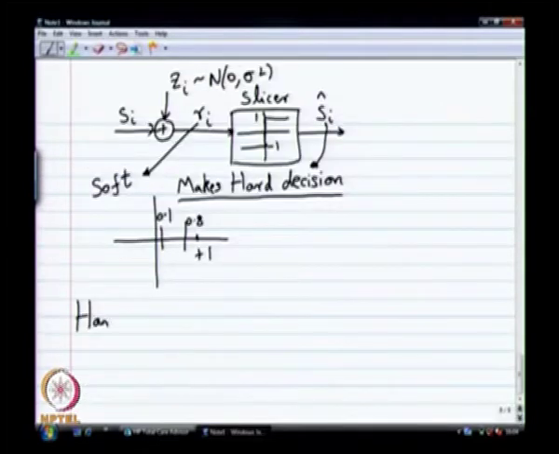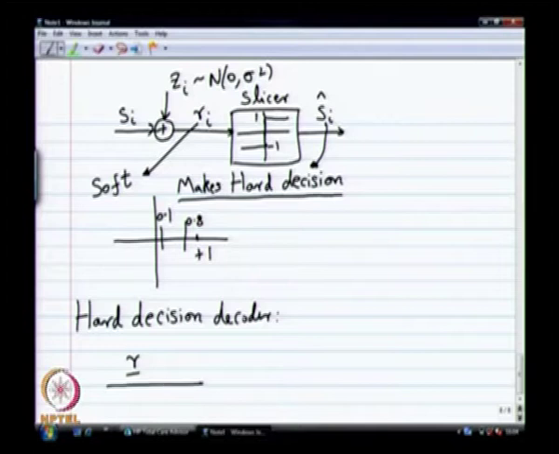What is a hard decision decoder? When you get R from before, the first thing you would do is slice symbol by symbol.